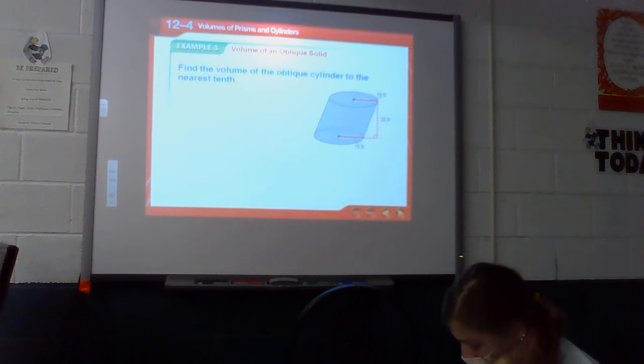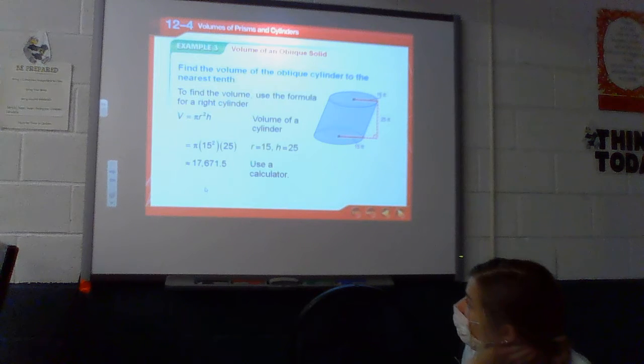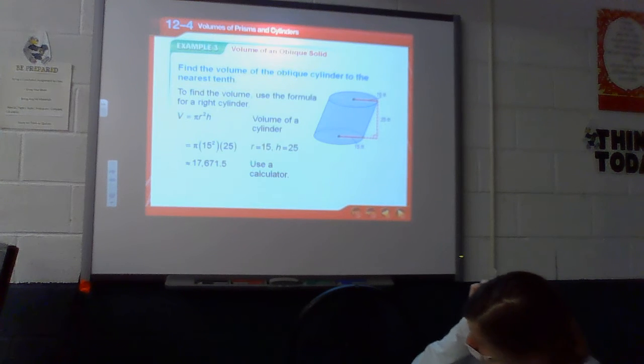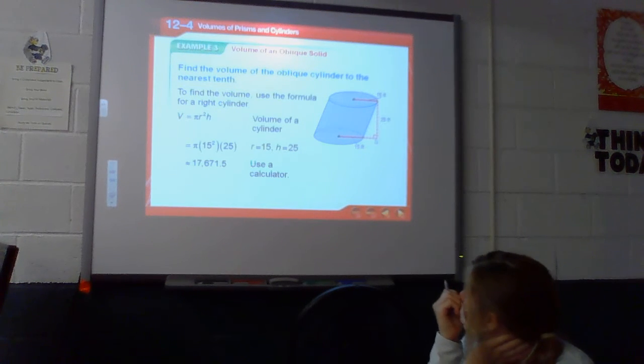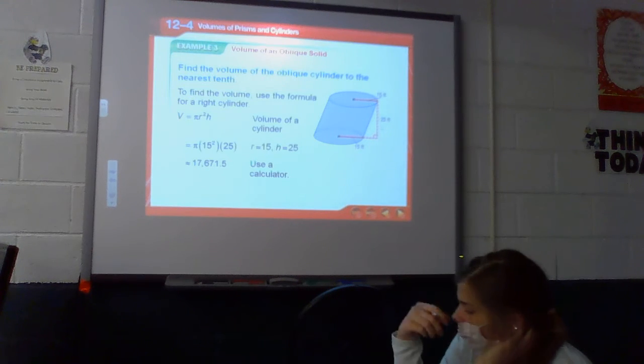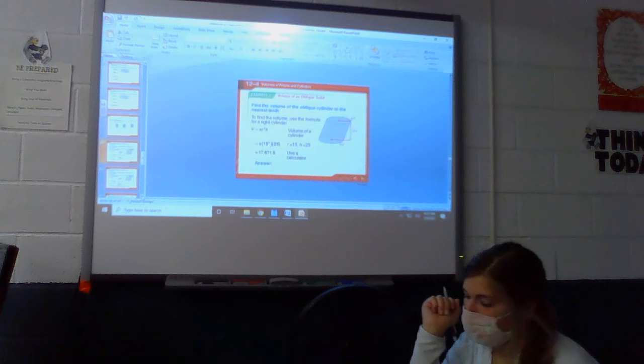So I have my radius here, which is 15 squared times 25 times pi. For a grand total of 17,671. So again, don't get alarmed if the numbers are really, really big. But what I wanted to point out is that this right here does not matter in the problem. And then obviously we'd have feet cubed, right? Because I'm taking this, times this, which are all feet.